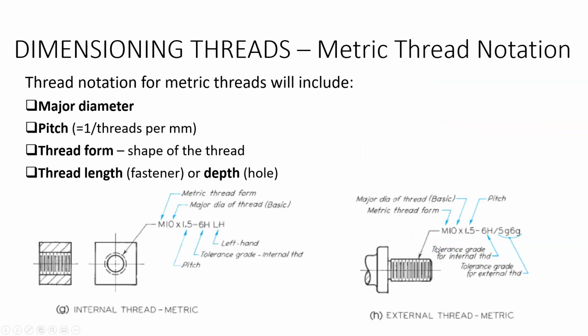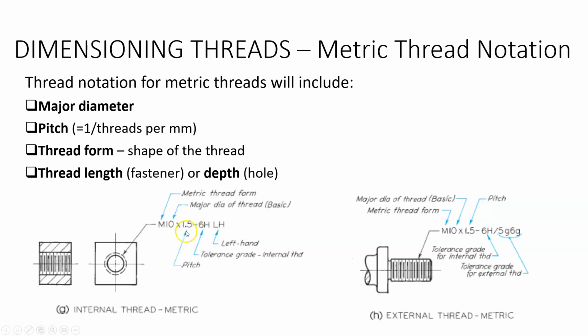Now, for a metric thread, it's a little bit simpler. We only need to include these 4 items on the thread note: the major diameter, the pitch, the thread form, and the thread length or depth. In this example, M10 by 1.5-6H LH means a metric thread form, M for metric thread. 10 is the major diameter, so 10 millimeters across the hidden circle.